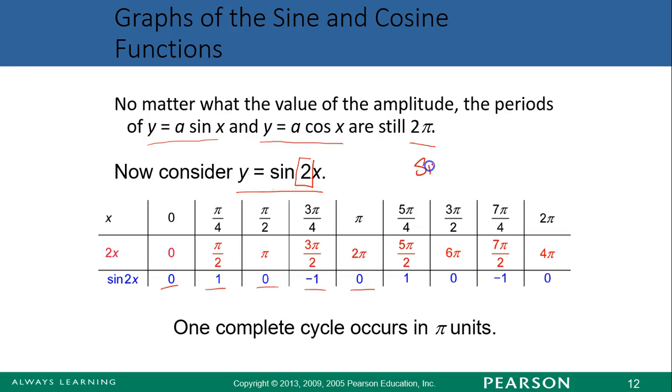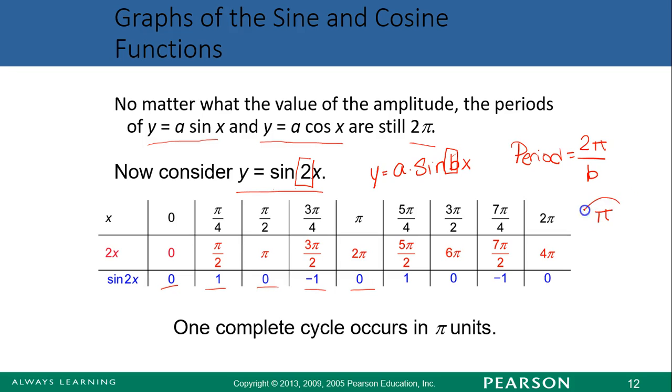So whenever you write it out as a times sine bx, this value multiplied to x is known as our b, and the period of our function is always going to be 2 pi over b. So for this particular function here, we're going to say 2 pi over pi, so the period of this function is pi.